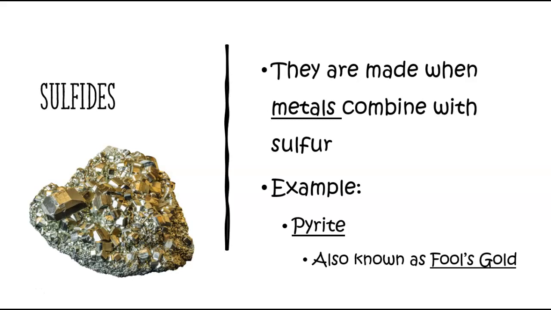And one example would be pyrite, which many of you might know of as fool's gold. It looks a lot like gold, but its atomic structure, the types of crystals that it forms, is different. So pyrite is known as fool's gold.